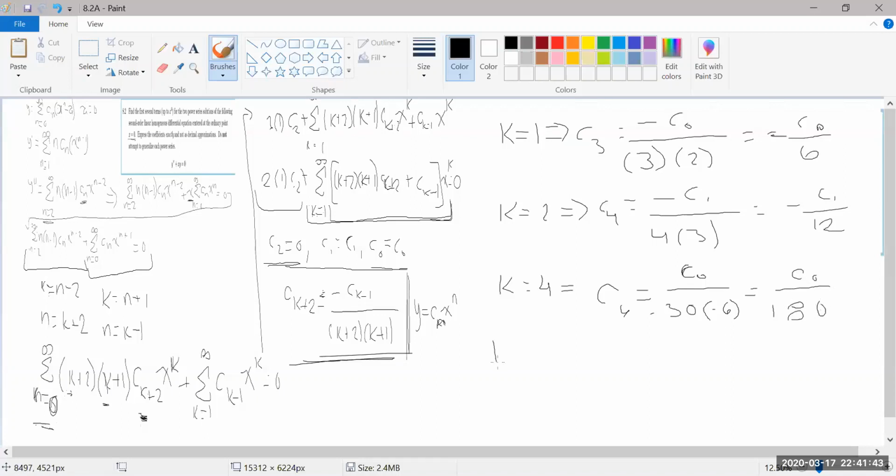So now I'm going to go back and do k equals 3 since I forgot to do it the first time. So k equals 3 gives you C5. When you plug in C5, you're going to get a C2 over 4 times 5.